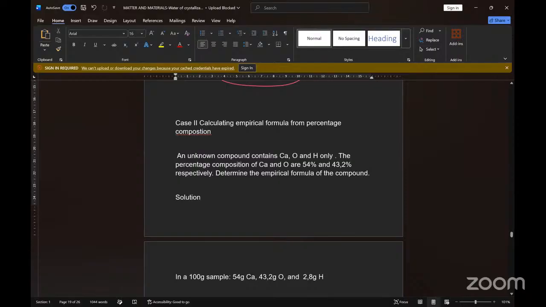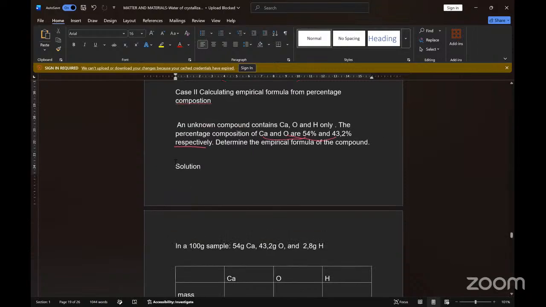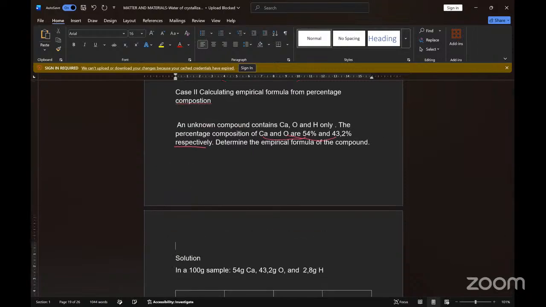Now, when you use this word respectively, what that means is that the first one corresponds to calcium, and then the second one corresponds to what? Oxygen.